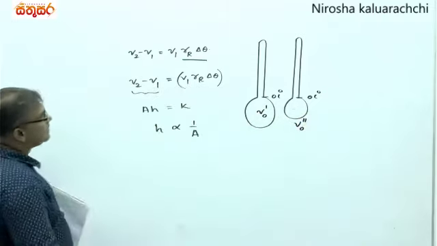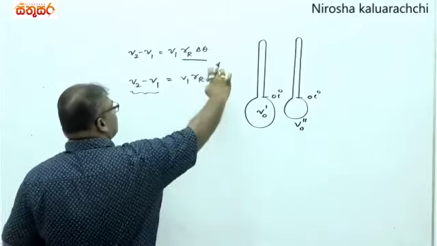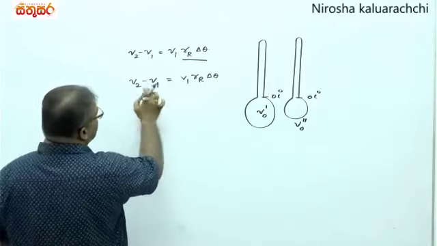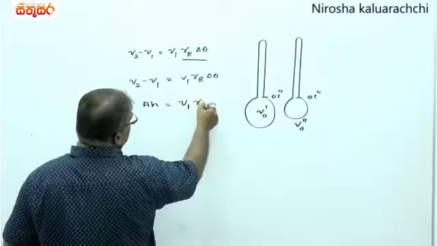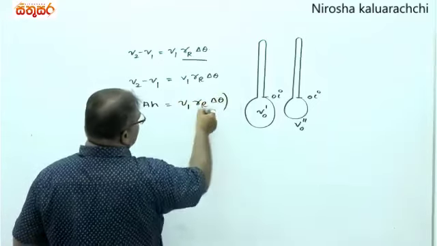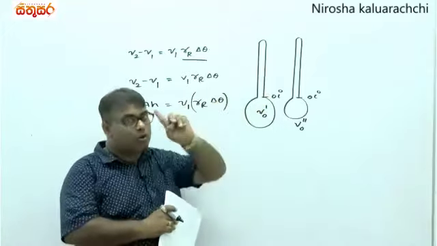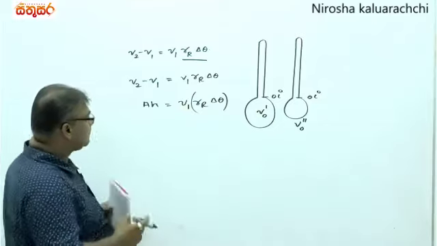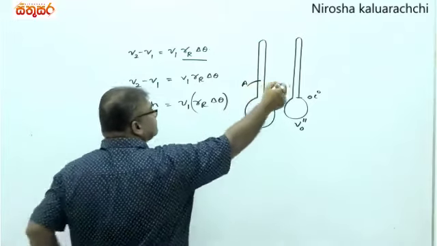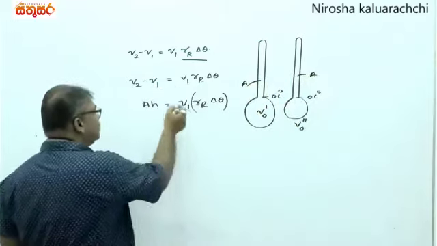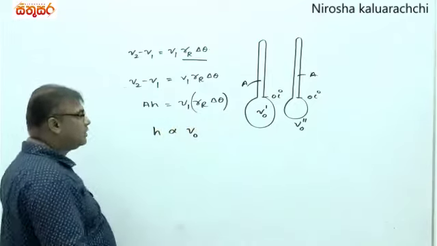Okay, then same as previous, this is the equation, AH equal V1 gamma R delta theta. Exactly this one is common for both cases as the rise of the mercury column by 1 degree. So the area or cross section of both remains the same. Then you can say H is directly proportional to V naught, the initial volume.